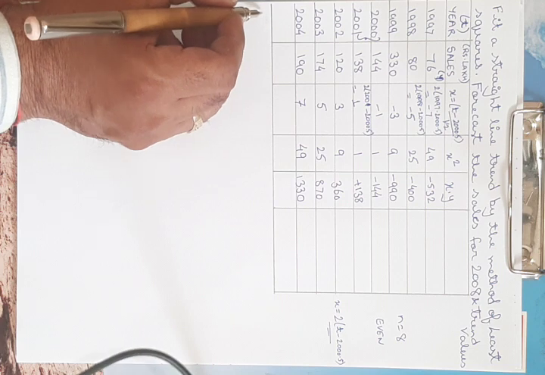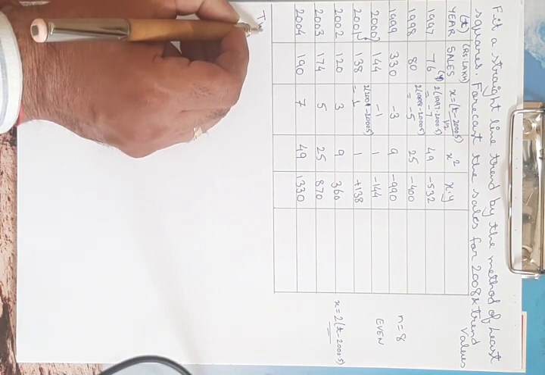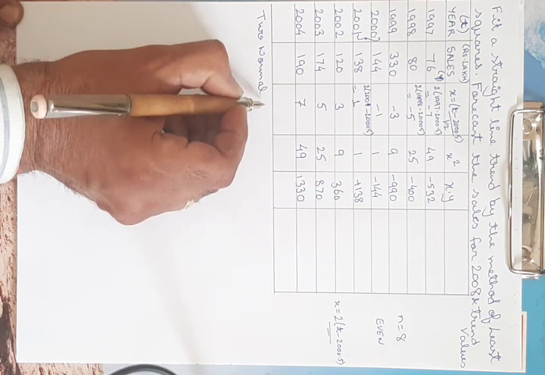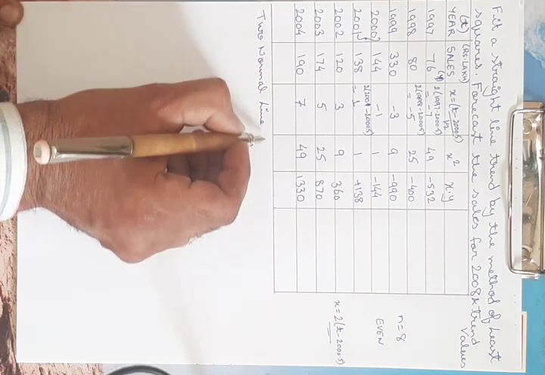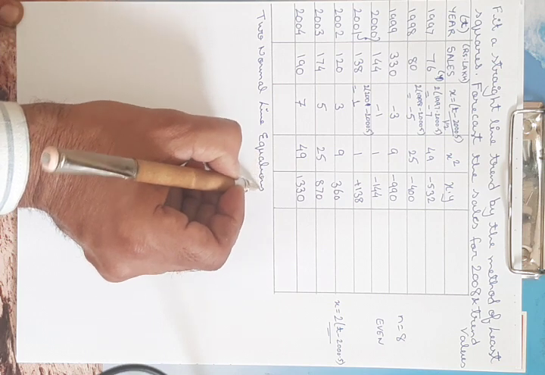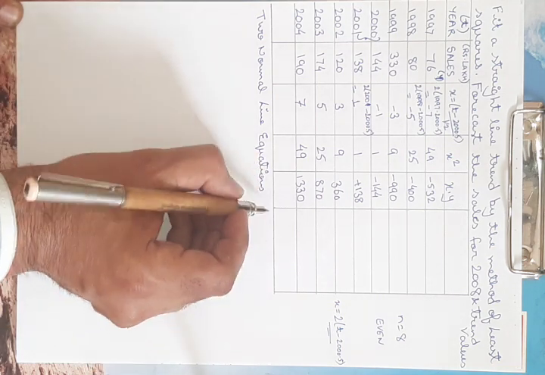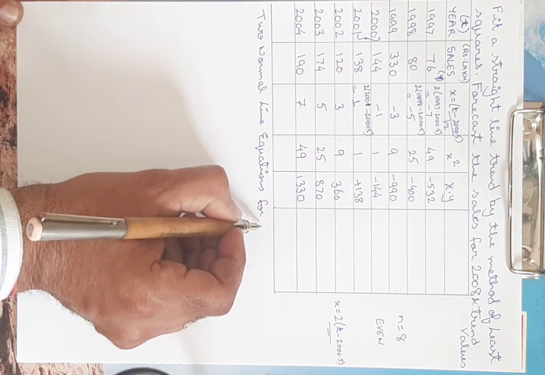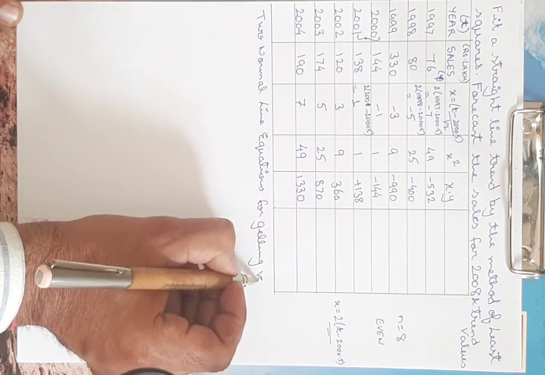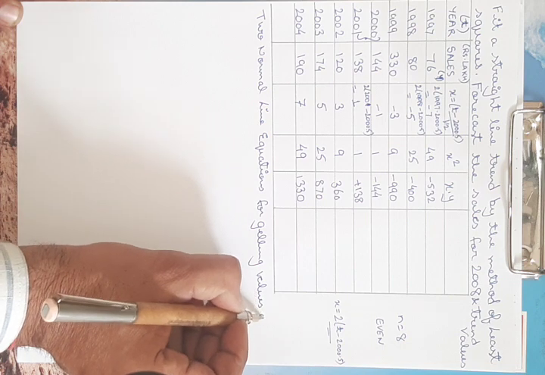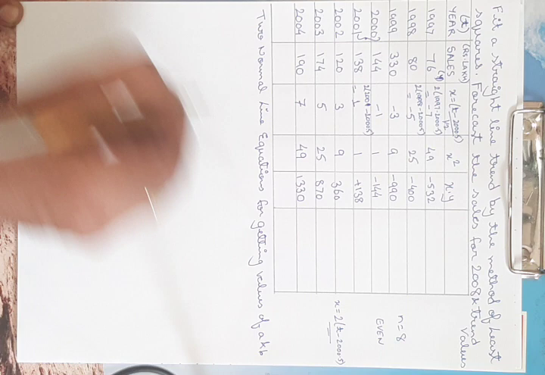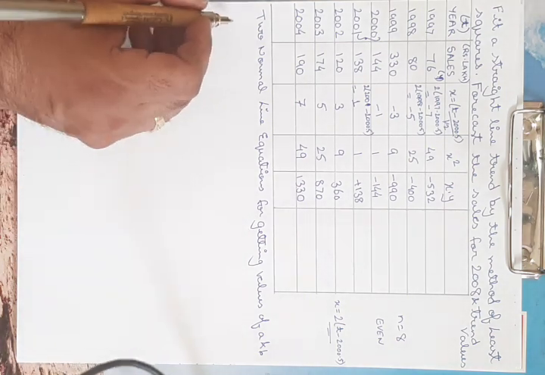Now the two normal equations for getting the values of a and b. How do we write those two equations?